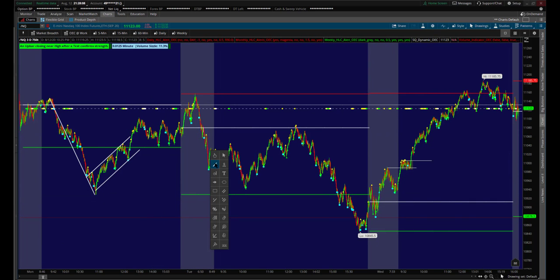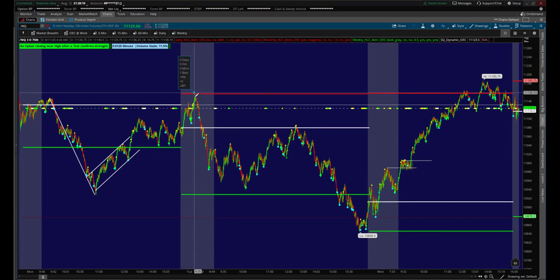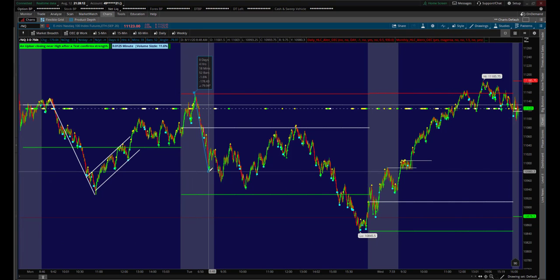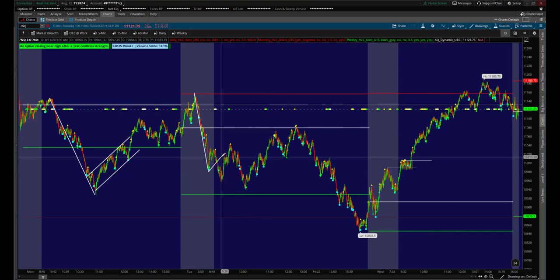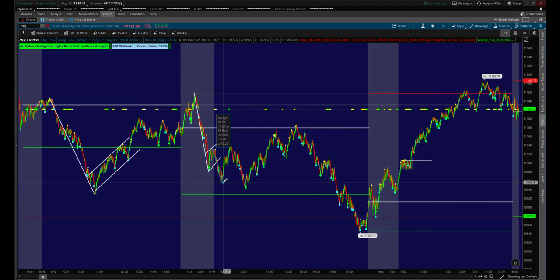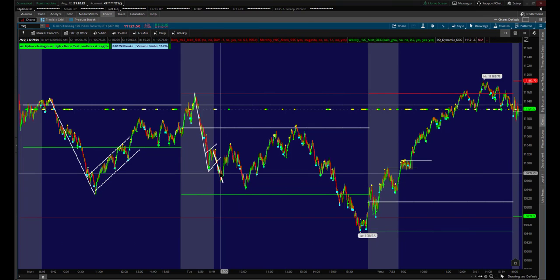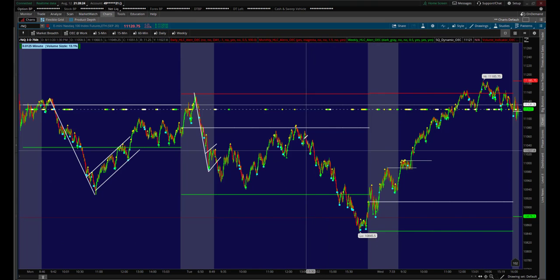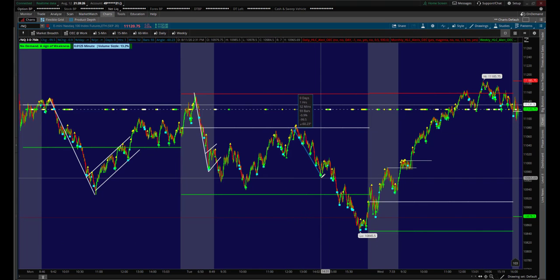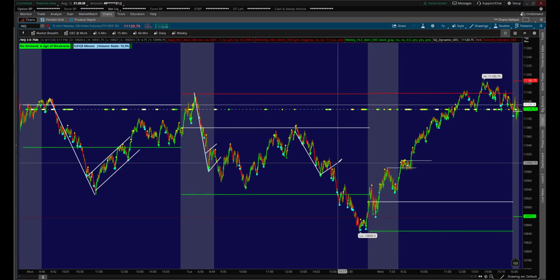Or here, with this good deep trend, and we had a flag, and then we had the continuation. I want you to now look at this flag. Look at the difference of this and the difference of this.